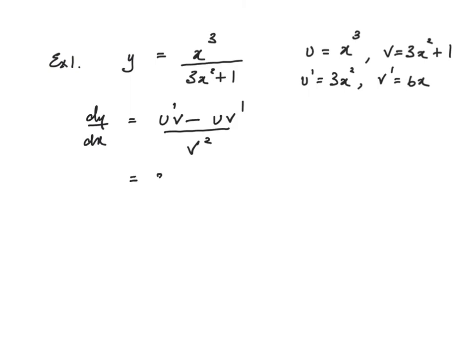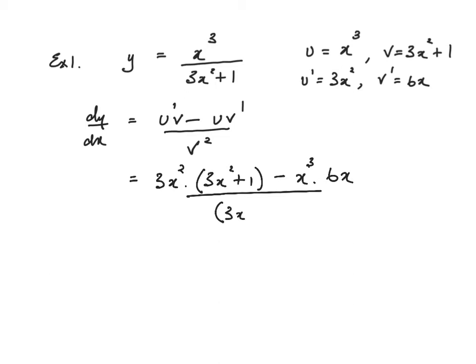So u dash is 3x squared times v, minus x cubed times v dash, which is 6x. V squared is 3x squared plus 1 all squared. Now, we need to simplify this, so expanding on the top line gives us 9x to the power 4 plus 3x squared minus 6x to the power of 4.